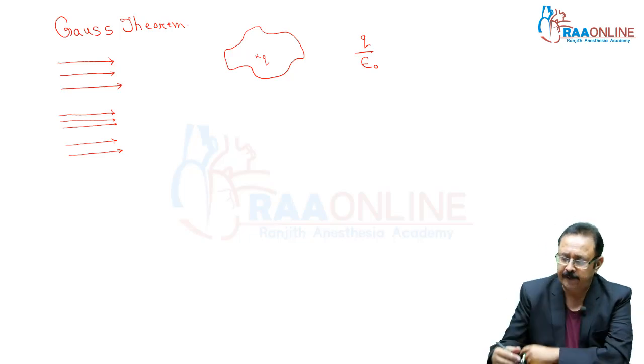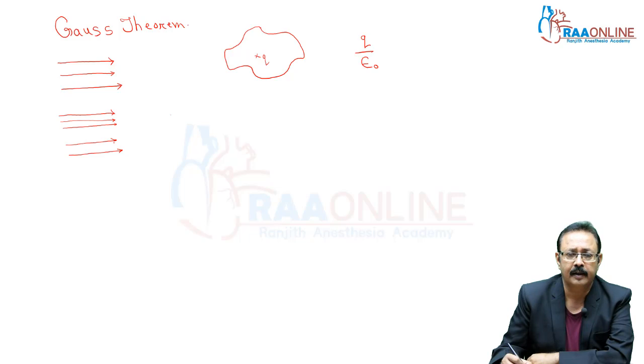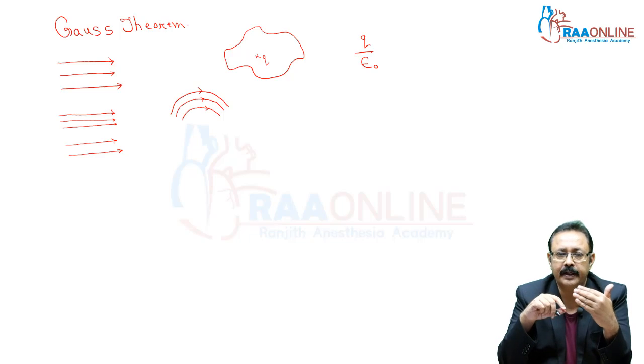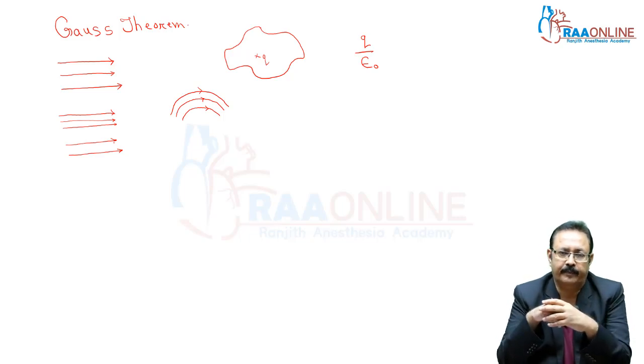If you draw curved lines which are equidistant, the electric field is uniform in terms of strength because the lines are equidistant, but not in terms of direction. Getting my point? This is the way to represent electric field on a paper.